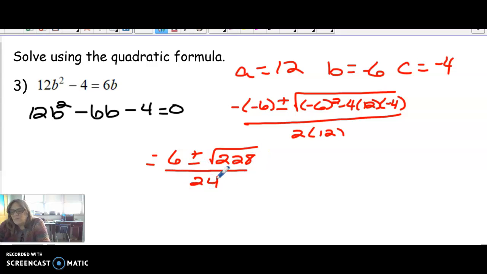Now for this one, 228 is not a perfect square. So we're going to have to see if there is a perfect square that will go into 228.